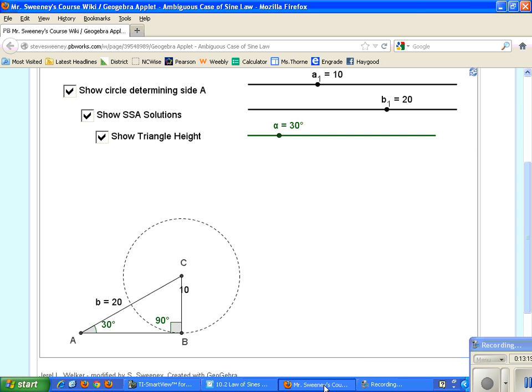So I want to go ahead and take a look at some of these scenarios. Again, the first one was when the length A is going to be less than the height of the triangle. In this case right here, we have a right triangle, so the height of my triangle would be right here. We're saying that we are given angle A, which is equal to 30 degrees. We are given side B, which is equal to 20.